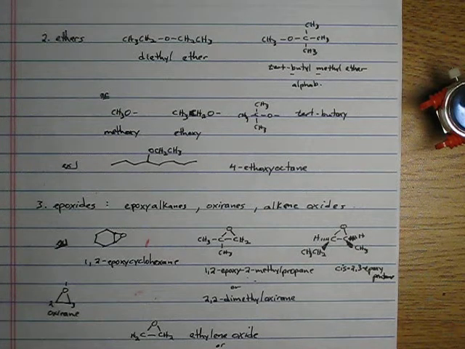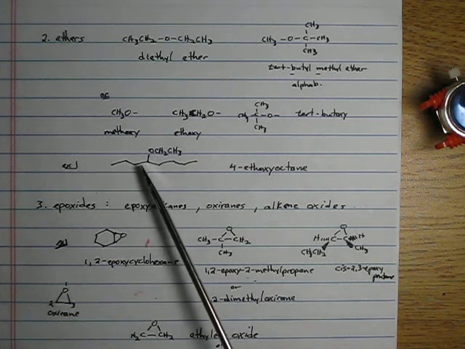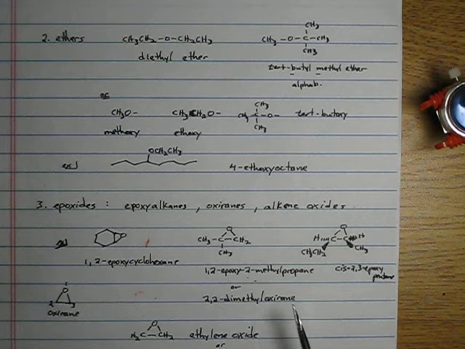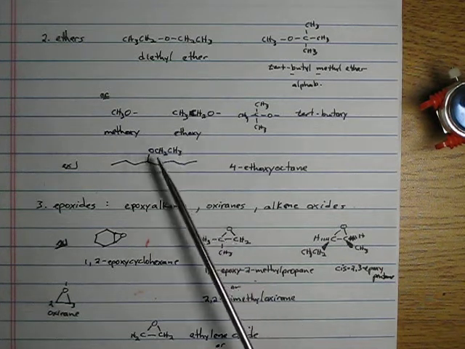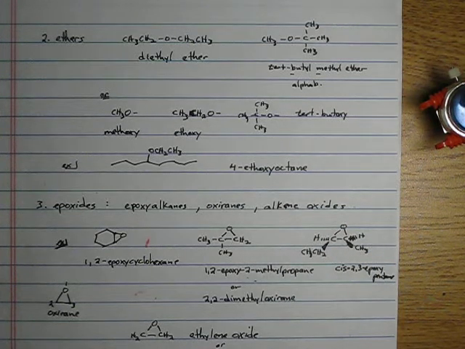So with IUPAC, whichever side of the ether has the longest chain is your parent molecule, and then the other side is your oxy group. So here we note, okay, our longest chain, 1, 2, 3, 4, 5, 6, 7, 8 carbons. That's an octane as our parent. Our branch is this ethoxy, so this would be 4-ethoxyoctane according to IUPAC.